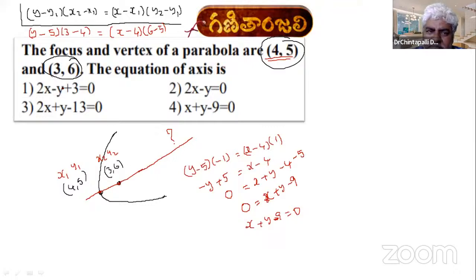Substitute it. Is it satisfying or not? It does not satisfy, so option 1 is wrong. If (4,5) is satisfied, check (3,6) also. If both points are satisfied, then option 1 is undoubtedly correct.